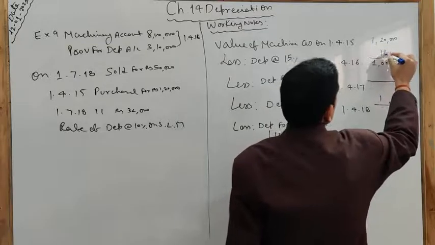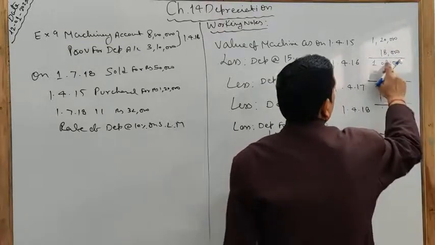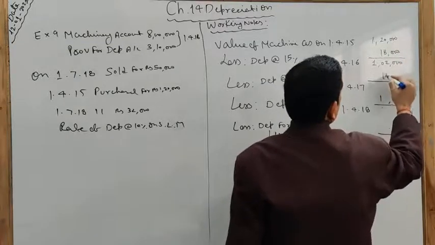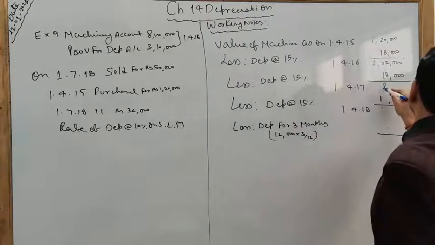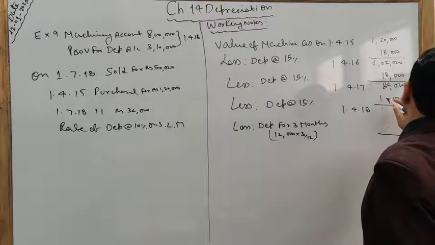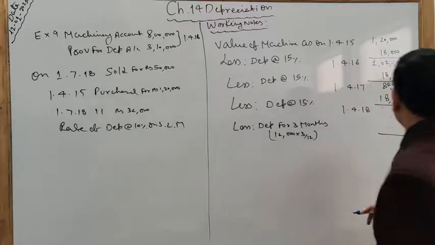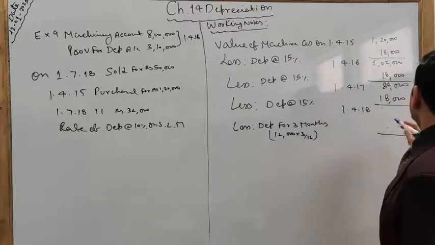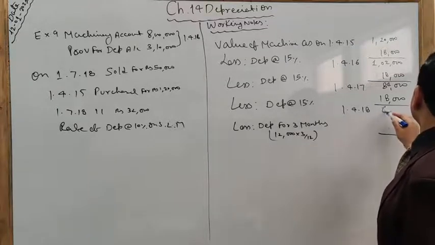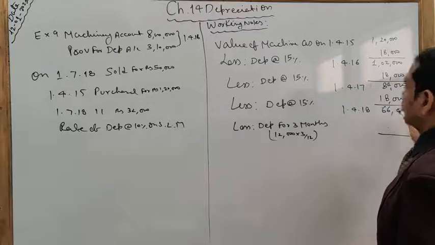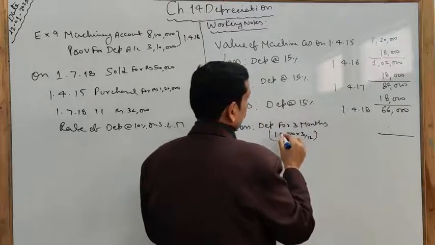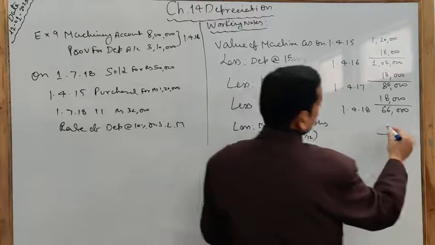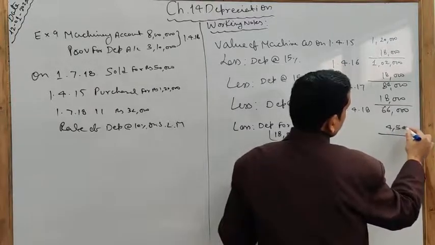So here it is 18,000. That is 1,02,000. Again 18,000. So that comes to 84,000. And again 18,000. So that comes to 66,000. Now 3 months depreciation. So 18,000 into 3 by 12. So that is 4,500.